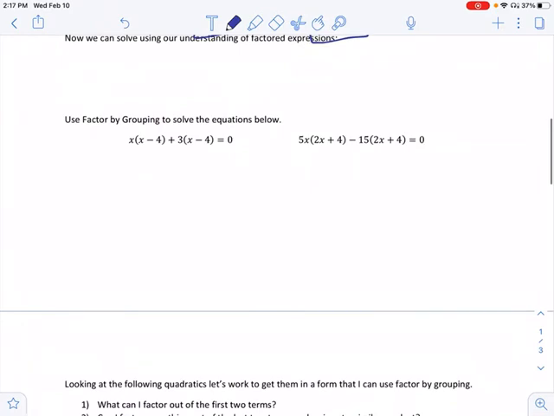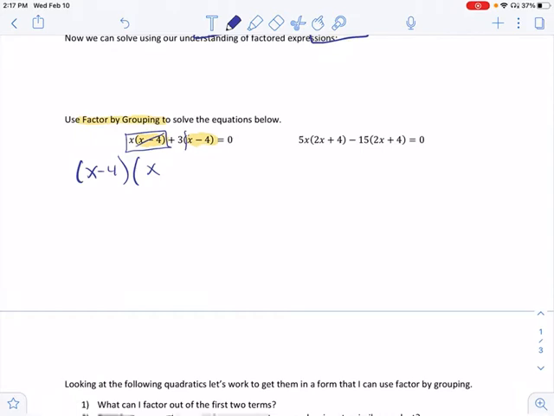Looking at these expressions on the bottom, I'm asking myself, okay, I'm going to factor by grouping. So what is common between these two terms? Well, they both have this x minus 4. If I were to factor x minus 4 out of both of those terms, then this first term is just going to become x, right? Because I've factored that out.